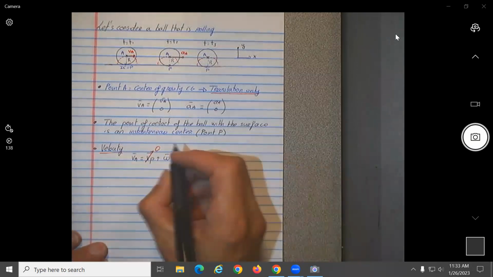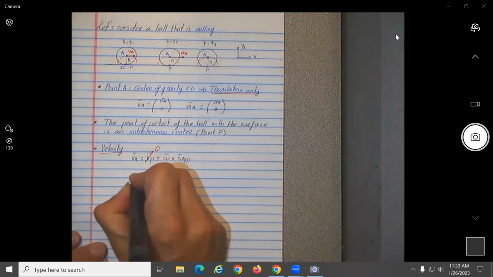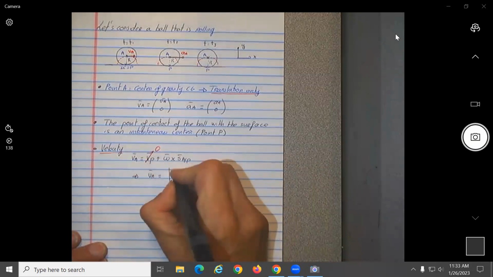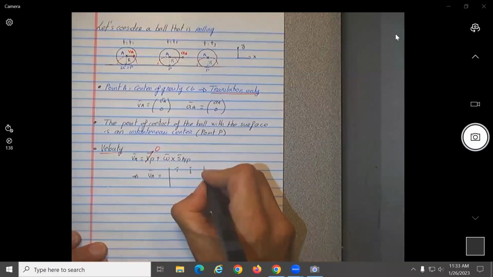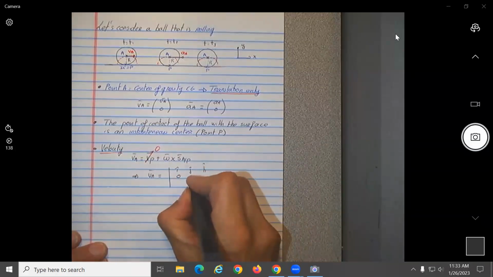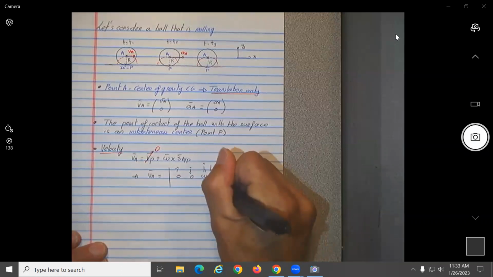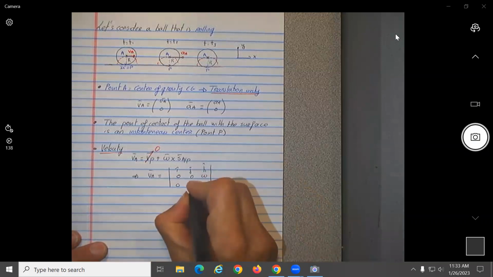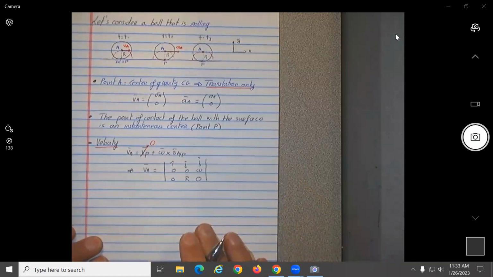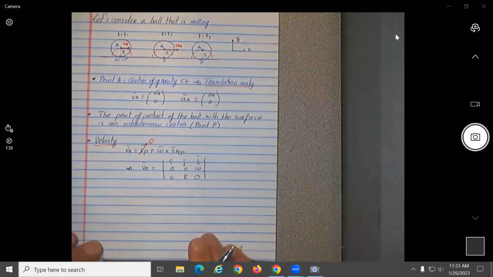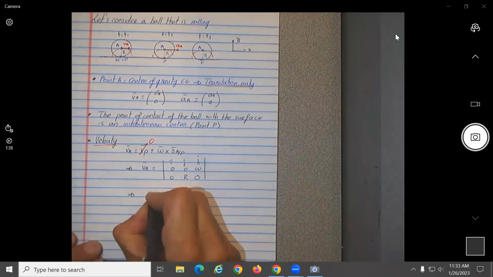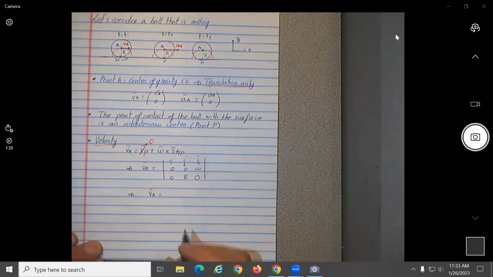Okay, so this will give us what? VA will be equal to what? i j k, 0 0 omega. And what is the position of A with respect to P? 0 R 0. So if the math is correct, this should give you a component only in what direction?